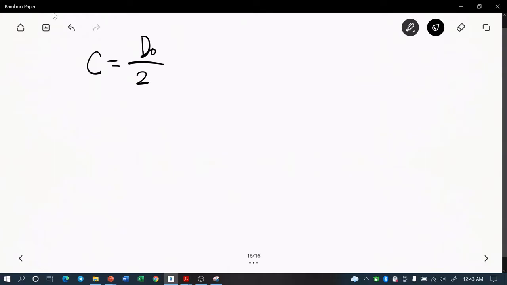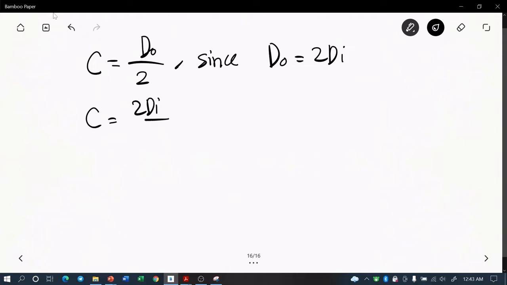Or since d sub O is equal to 2 times the inside diameter, we can have c is equal to 2 times d sub I over 2. So c is equal to d sub I.